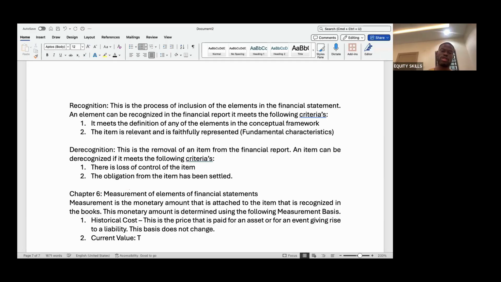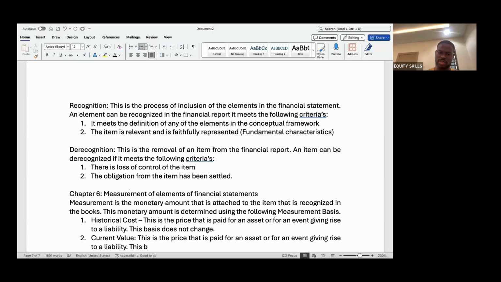But when it comes to current value, this is also the price for an asset or for an event giving rise to a liability, right?